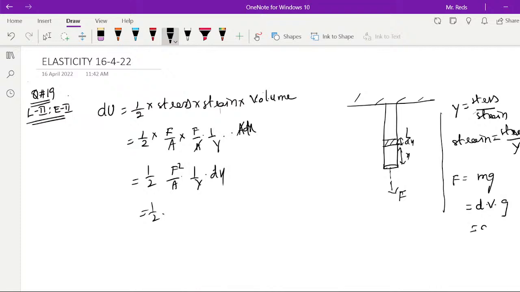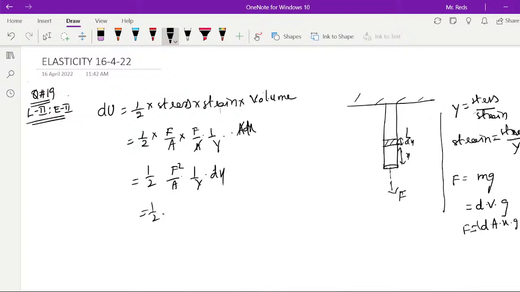Here this further can be taken as density into the volume of the element which is exerting force on this. If you consider its volume as area into its height x, then you can take it as d into A into x into g.